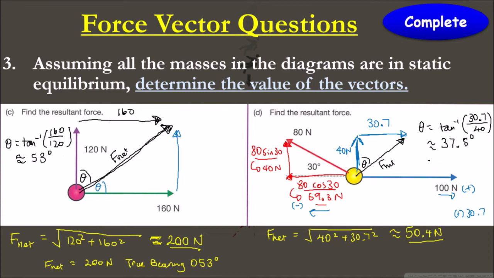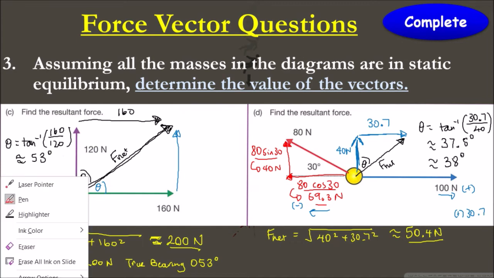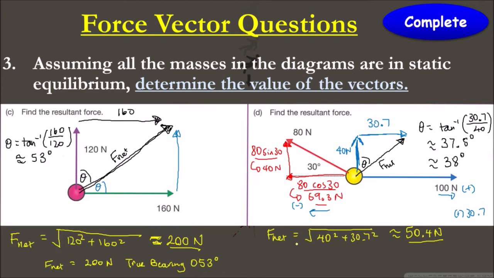So let's just round it off to 2 sig figs for the angle here, because I'm going to put it in bearing. So 38 degrees. So in this case, the net force is 50.4 newtons with a bearing of 038 degrees. And that's how you do question D.